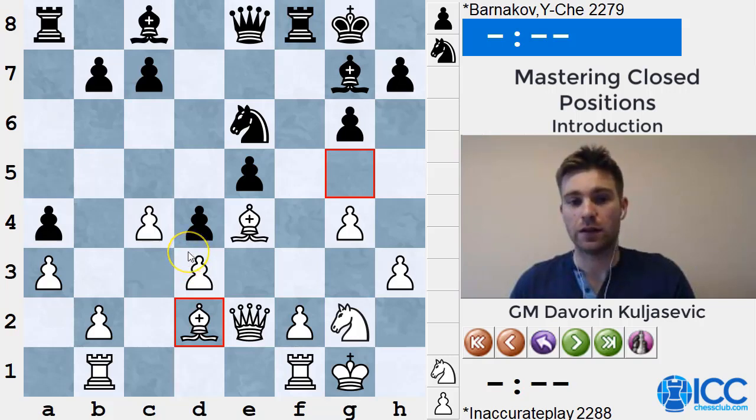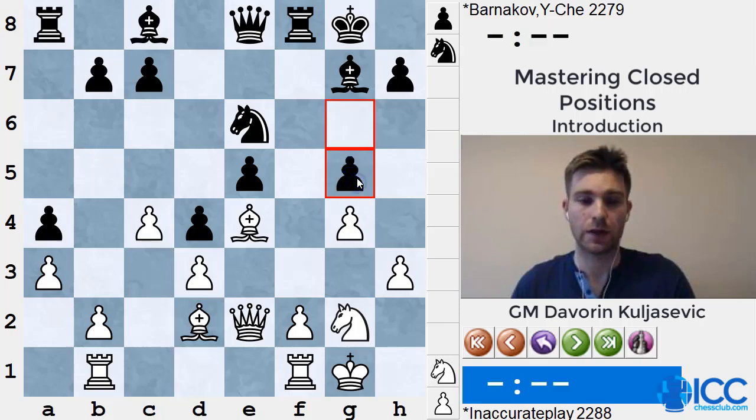We see that white is ready for the f4 break. So we mentioned this before several times. You have to make sure that your opponent doesn't have the opportunity to carry out his breaks if this improves his position. So in this position we can play the move g5, and this way we are making sure that white remains sort of cramped, because now his knight on g2 is quite passive and he can't really open his other pieces.